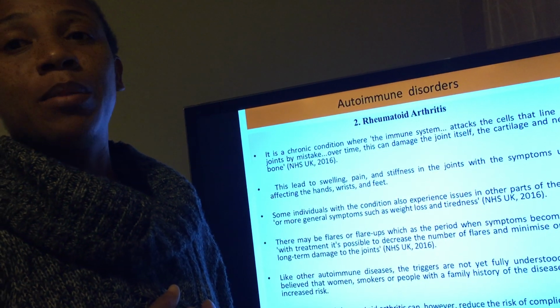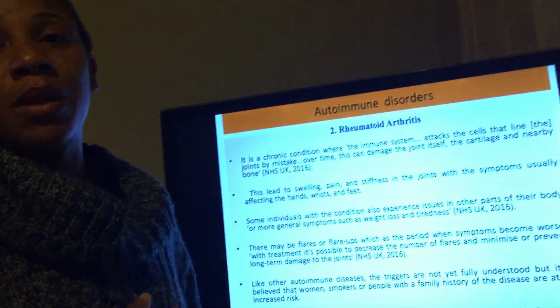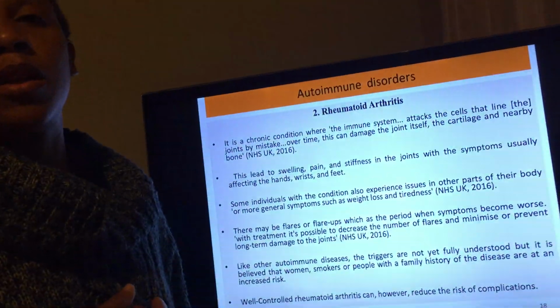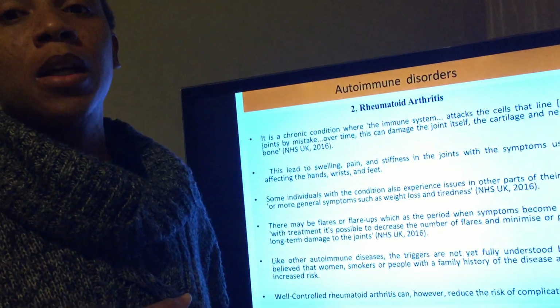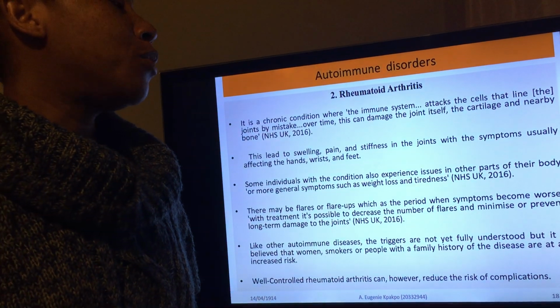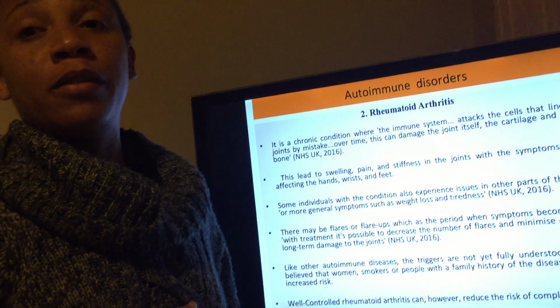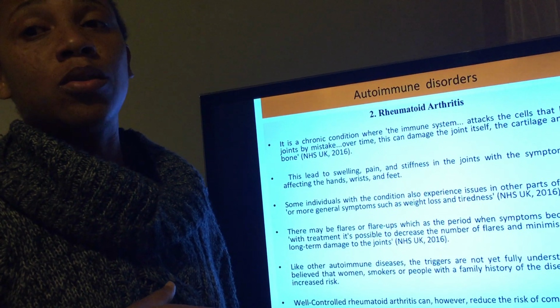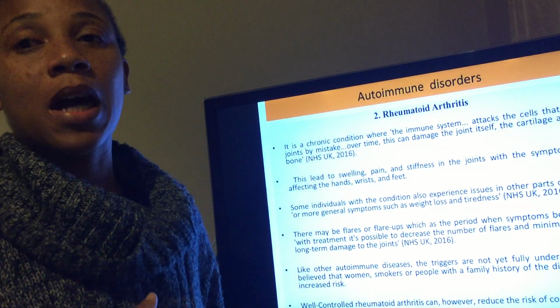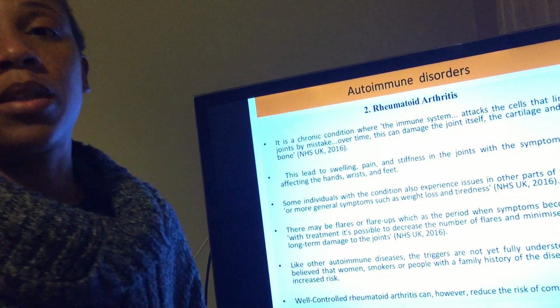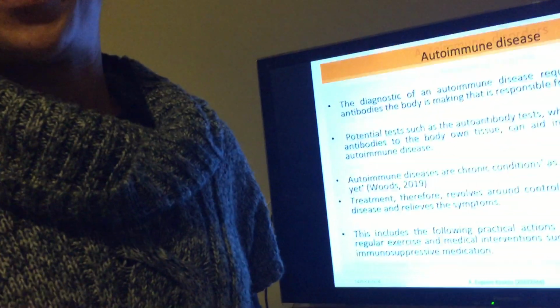These flares can be decreased with treatment and prevented in the long term. Like other autoimmune diseases, the triggers are not yet fully understood, but a well-controlled rheumatoid arthritis can reduce the risk of complications.